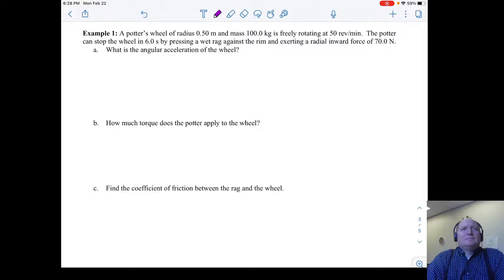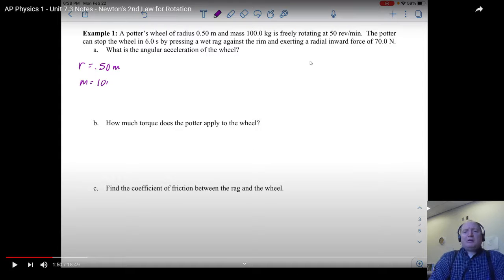Let's try an example. A potter's wheel of radius 0.5 meters and mass 100 kilograms is freely rotating at 50 revolutions per minute. That's heavy. Okay, let's remember what we learned about kinematics. So we have a radius of 0.5 meters, so it's a meter across. Can't even fit in my image here. And it weighs less than me.